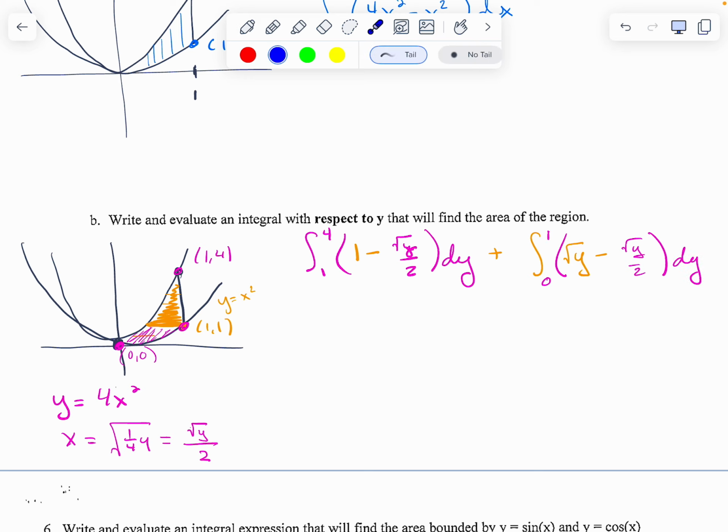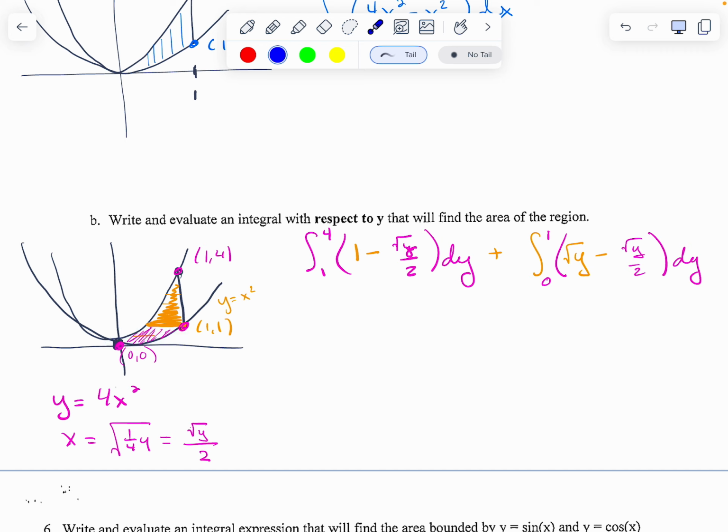Okay, let me point at some things. I'm taking slices like this. Okay, so the first set of slices, I'm doing the right side minus the left side. The right side is the square root of y. The left side is the square root of y over 2 because it's this equation minus this equation. Are you okay with the pink slices?